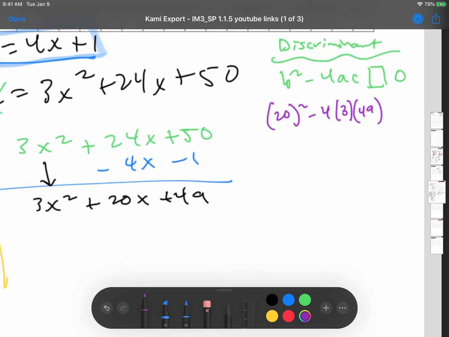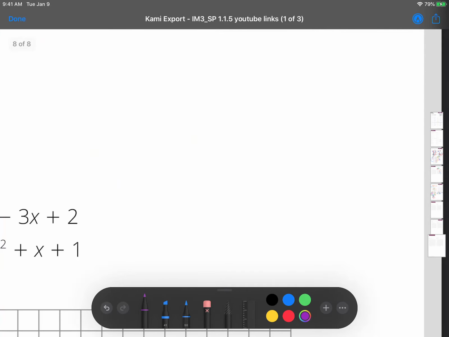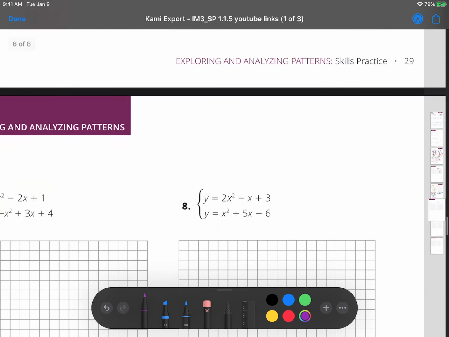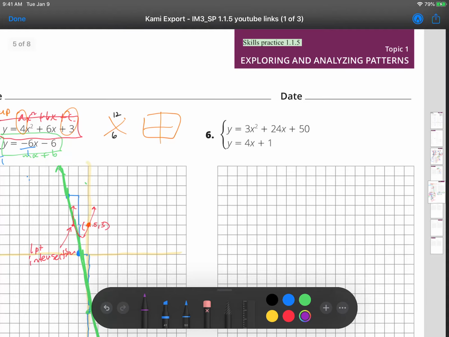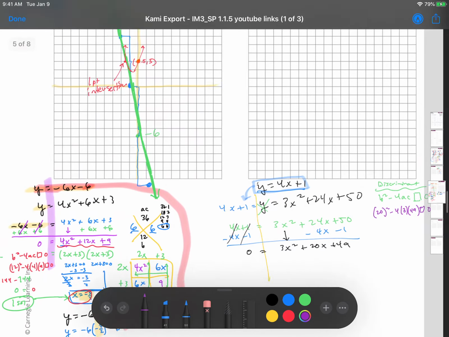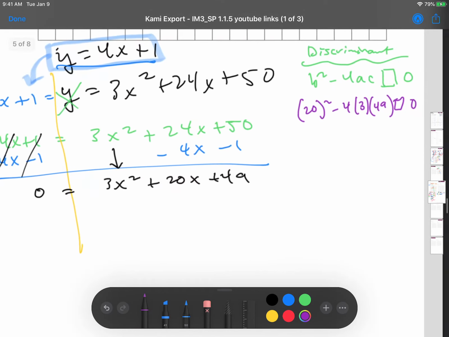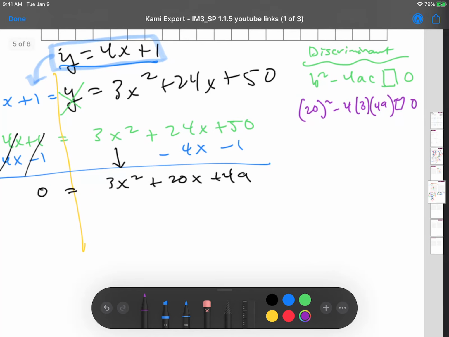I think it's going to be some kind of huge number. So just punch it in your calculator. Got my handy dandy calculator right here. 20 squared gives me 400.